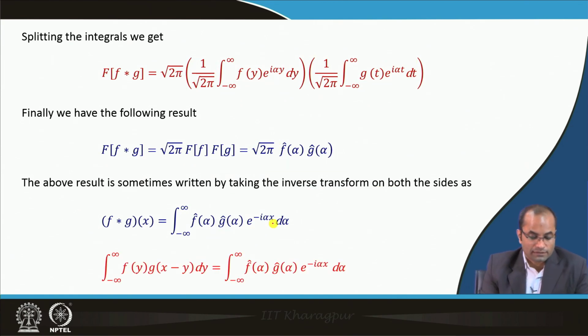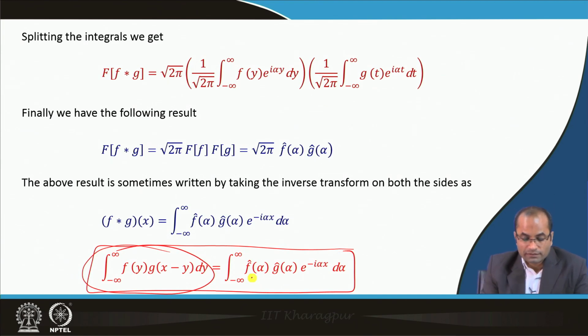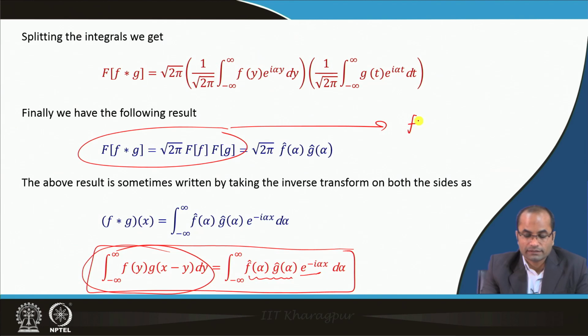So, the convolution f star g is nothing but the Fourier inverse of square root 2 pi times the Fourier transform of f and the Fourier transform of g.